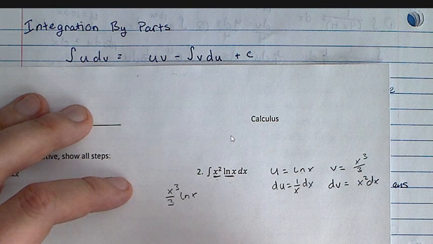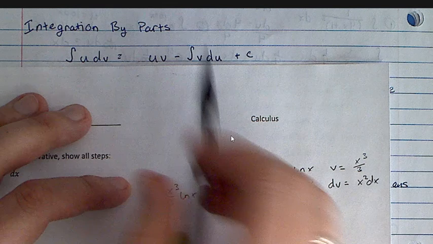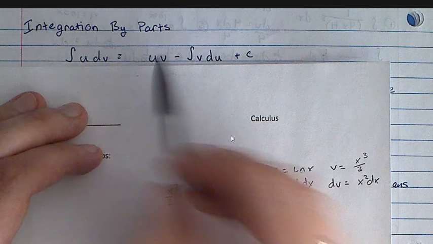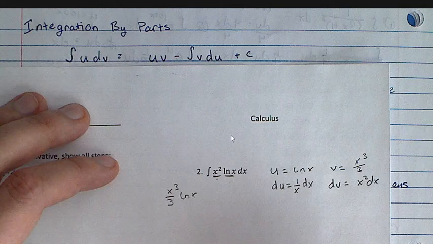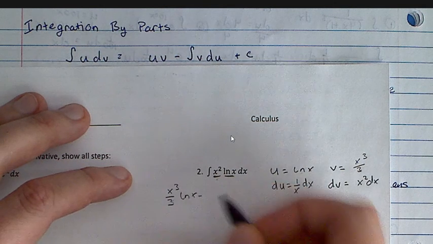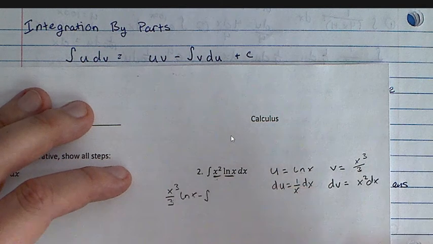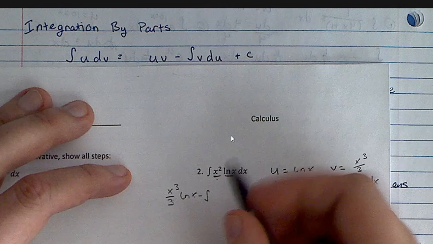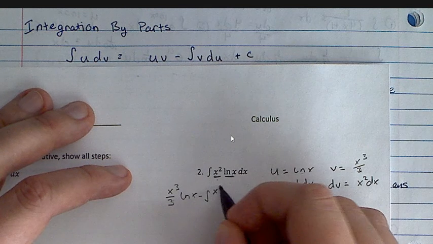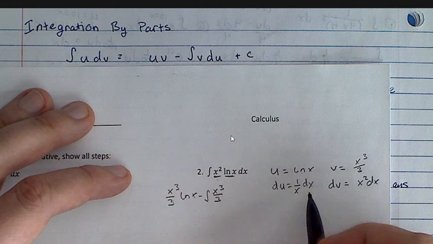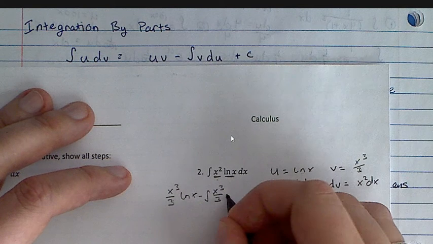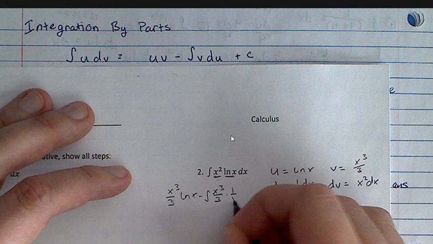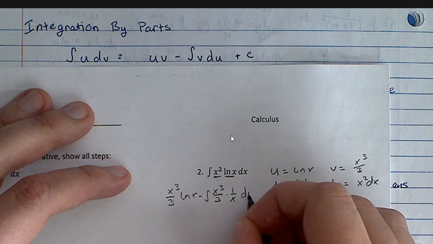So that's uv, minus the integral of v du. So v is x to the third over 3, and then du is times 1 over x dx.